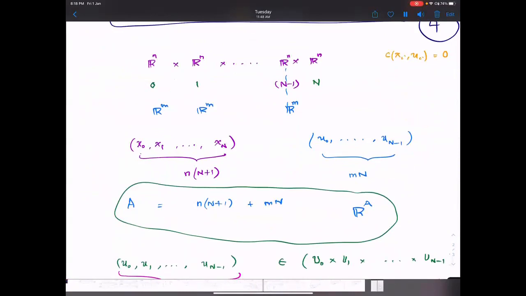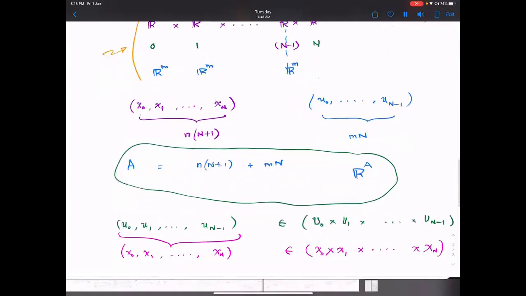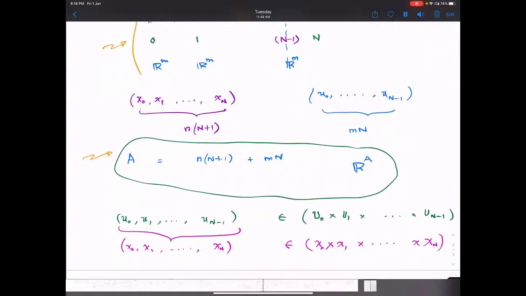So then the way we proceed with finding the optimal solution is we augment the entire state sequence over the n stages this way, and work in a larger dimensional space.